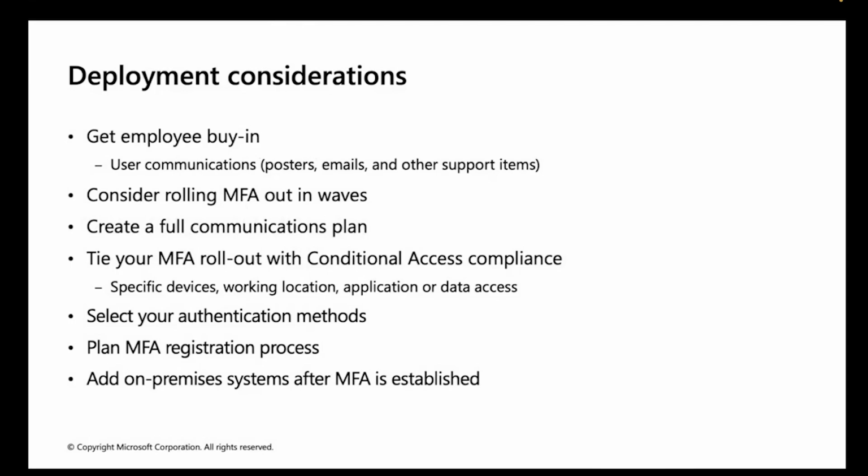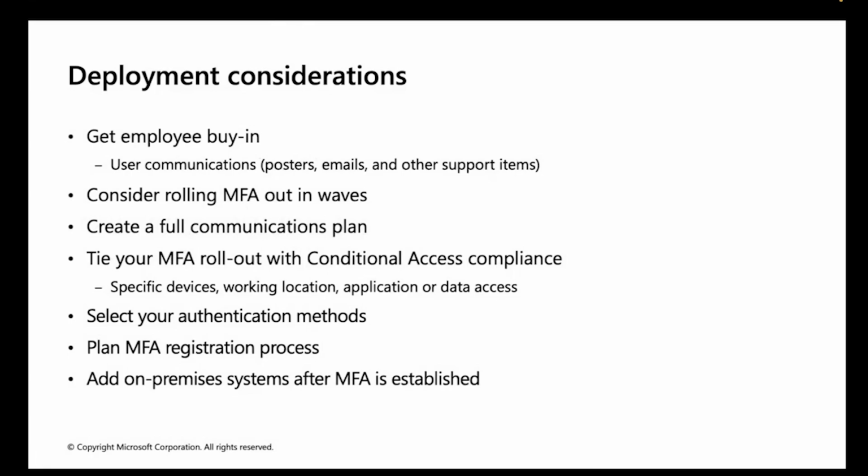That will not only include the timeline where we are going to deploy this, but also KB articles, help and support URLs in case users are facing challenges where they can connect. All this information should be there in your communication plan. Now, you can also tie your MFA rollout with conditional access compliance.